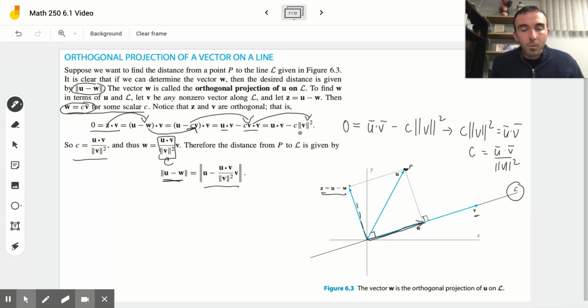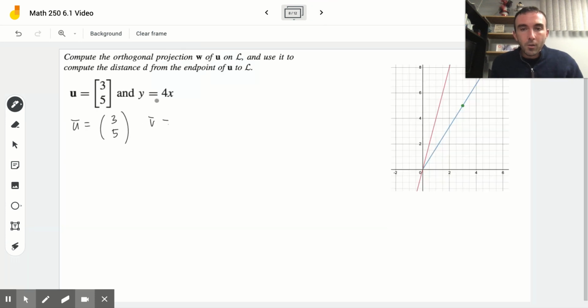So if I go to my given line and I notice that it's y equals 4x, I have a little bit of freedom here to choose a point that fits on that line and write it in vector form. So to keep things simple, I will use 1, 4 as my vector V. Over here in the graph, I just graphed y equals 4x in red. And then I also graphed the vector 3, 5.